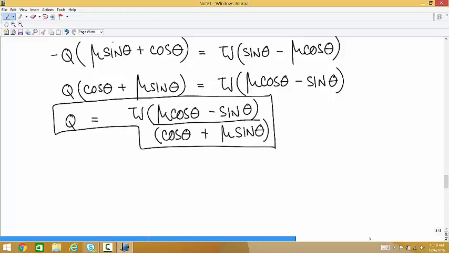And in the denominator, you're adding this mu sine theta instead of subtracting it. So the denominator is smaller when you're trying to slide down the ramp. And so sliding down the ramp, if you have a smaller numerator and a bigger denominator, obviously that value has to be smaller. And so this is smaller.